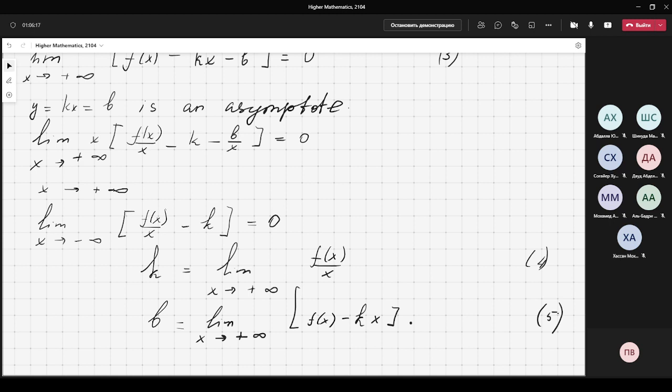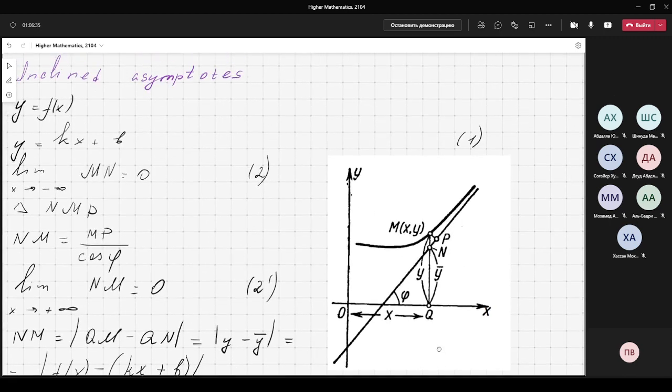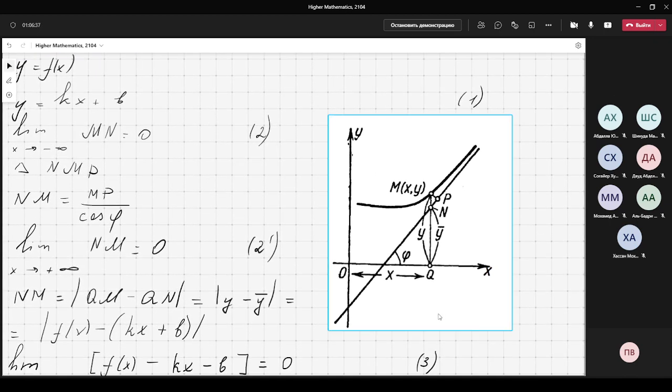It should be noted that we carried out our investigation as x approaches plus infinity, but all the arguments hold also for the case x approaches minus infinity.